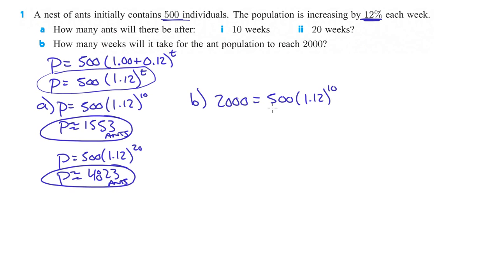To make this easier, first thing we want to do is divide both sides by 500. That gives us 1.12 to the t equals 4. Really what this 4 means is, if we start with 500 and want to get up to 2,000, that's 4 times the original population.